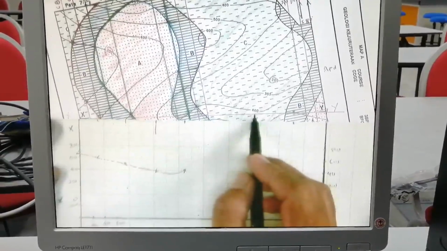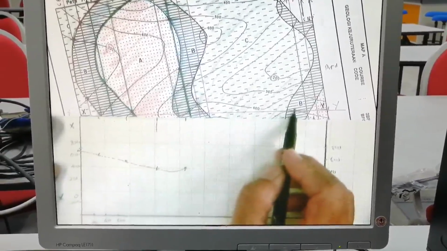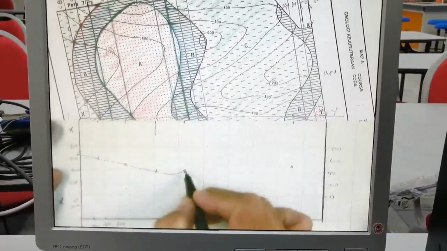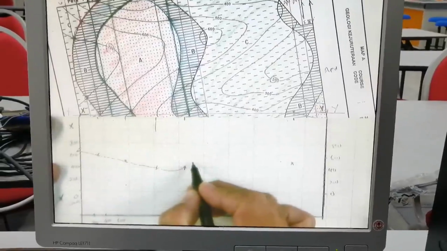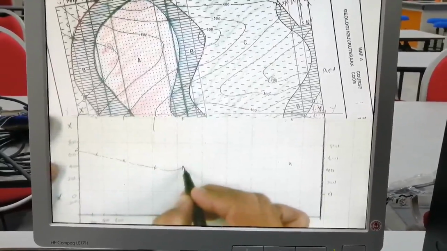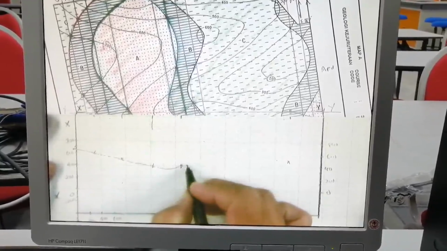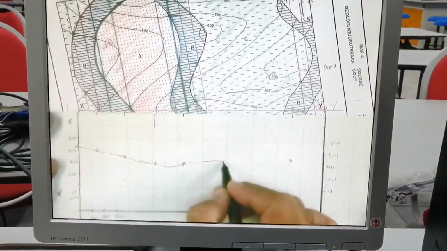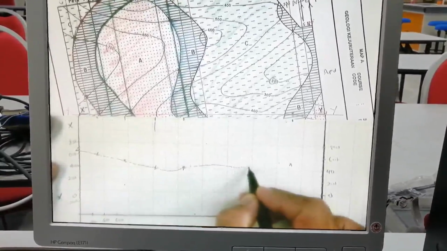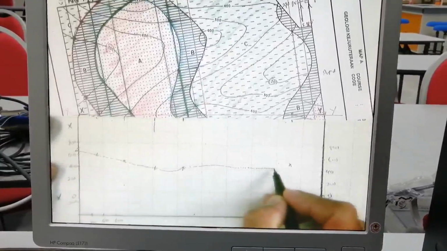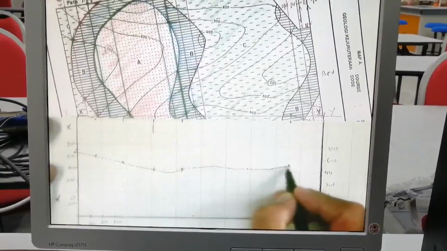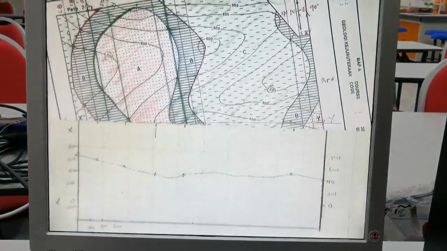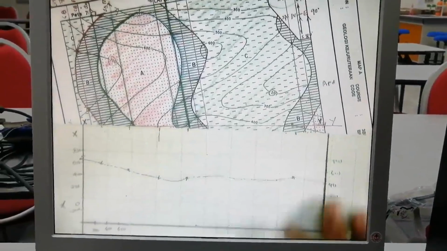Again it drops to less than 450 and raises to 500 and then drops again. 500 is somewhere at this level, so we have to raise this, and then drop again, not touching 400, not touching this line. Then again 500, then drop again, but not touching 400. So like this. This is your topographic profile.